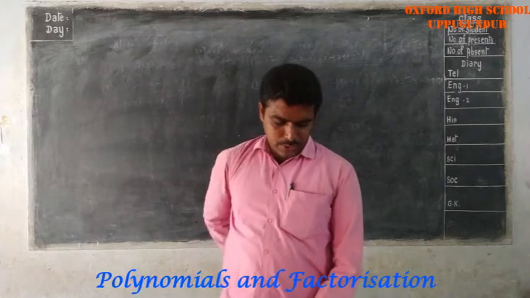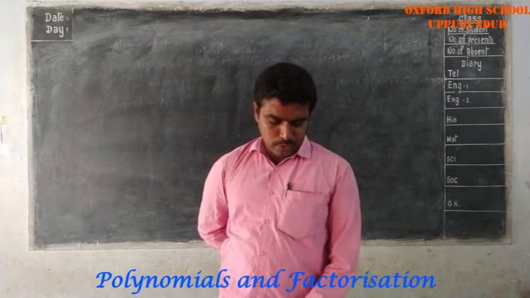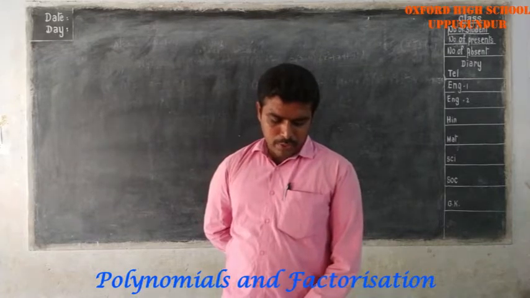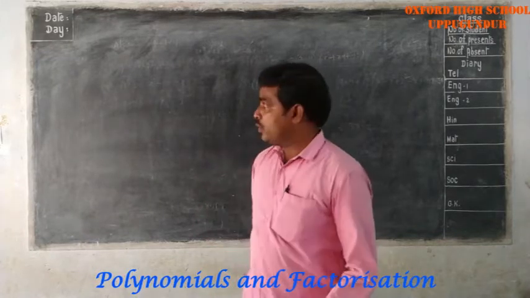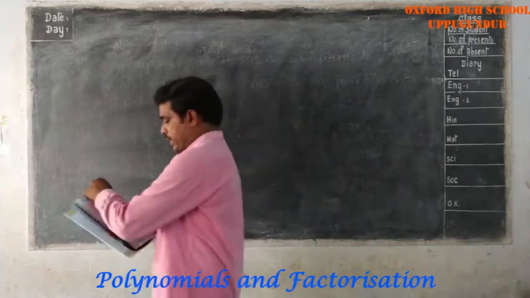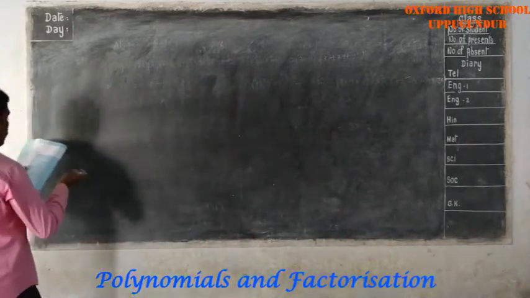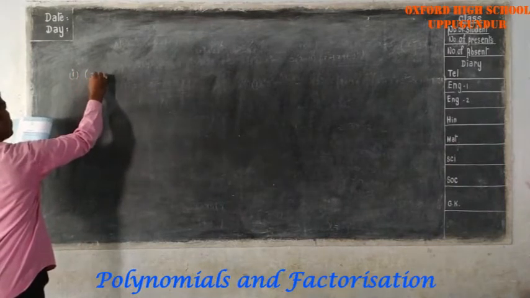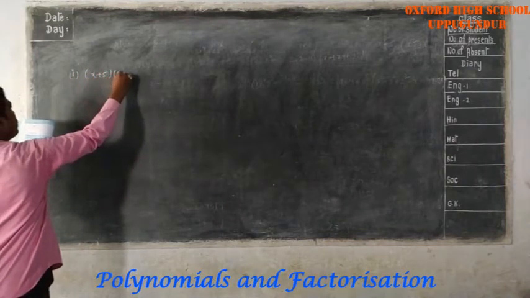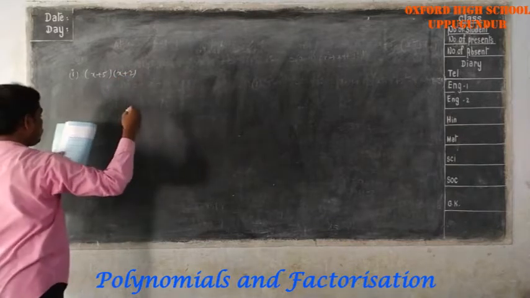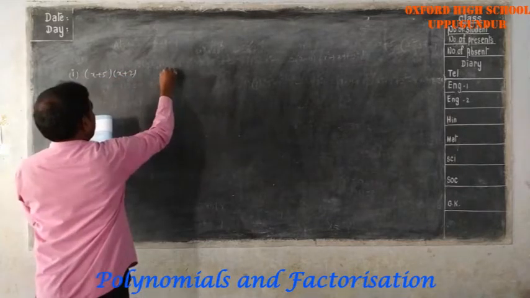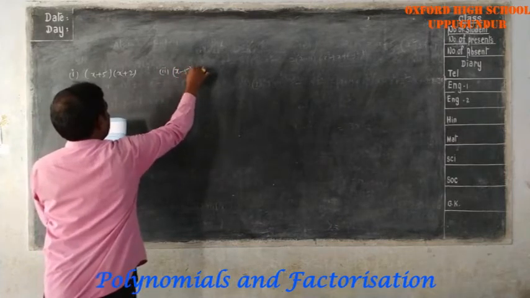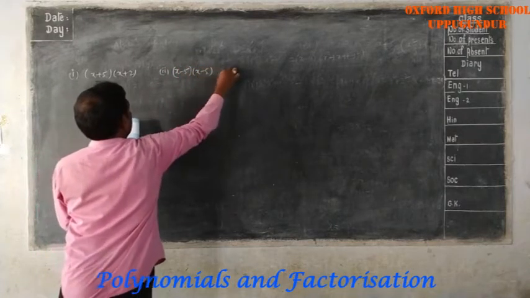Now exercise 2.5, first one. Use suitable identities to find the following products. First one, (x plus 5) into (x plus 2). Second one, (x minus 5) of (x minus 5).